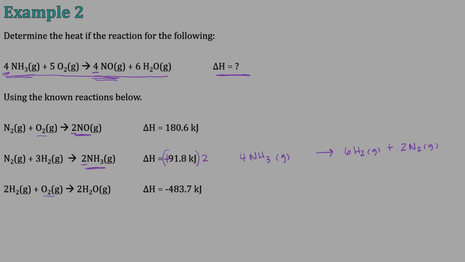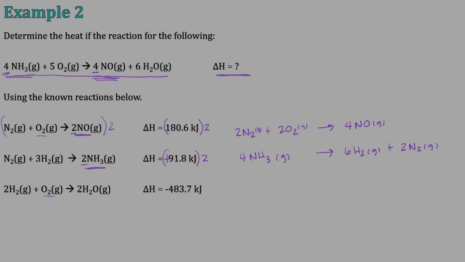So if I multiply by a factor of 2 here, I have to multiply everything by a factor of 2, not just NO. I'm going to say I need 2 N2s, because it's just going to multiply, we're not flipping anything, plus 2 O2s goes to 4 NOs. Okay, and this is a gas, and this is a gas, and this is a gas. All right, so this gets multiplied by 2 as well. We don't have to change the sign though, because we didn't have to flip the reaction.